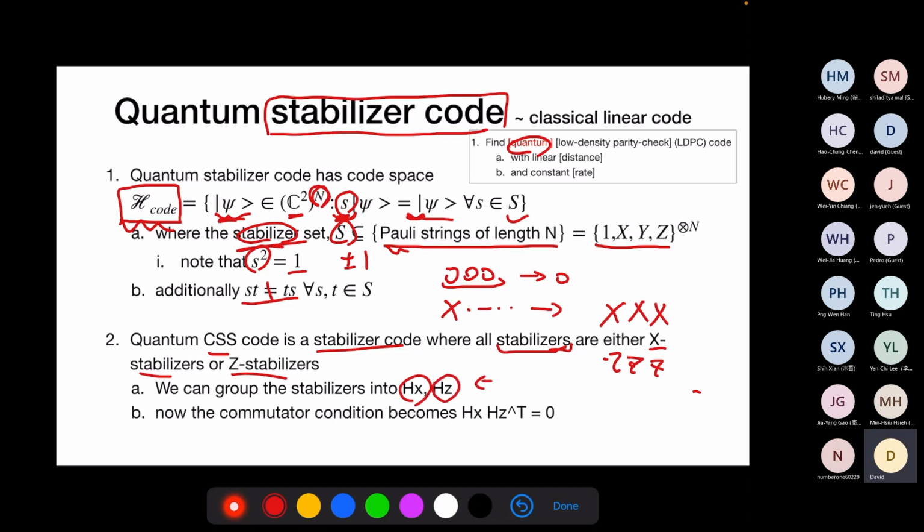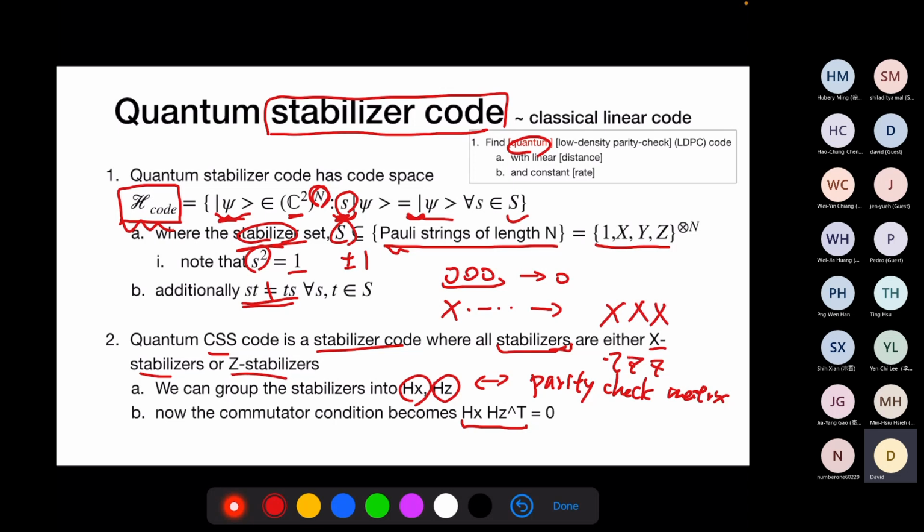These are similar to the parity check matrix in the classical situation. And now the commutation property becomes this equation, this relation between the two matrices.